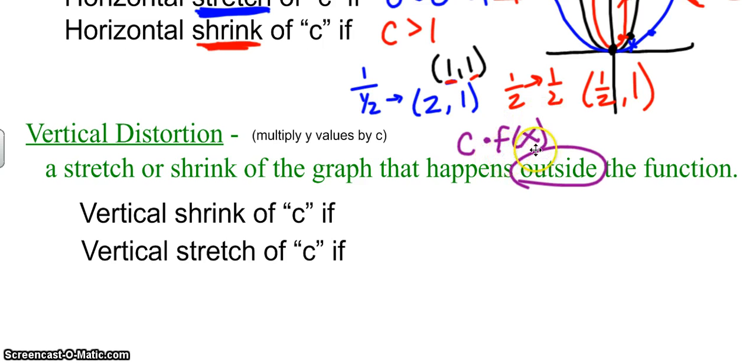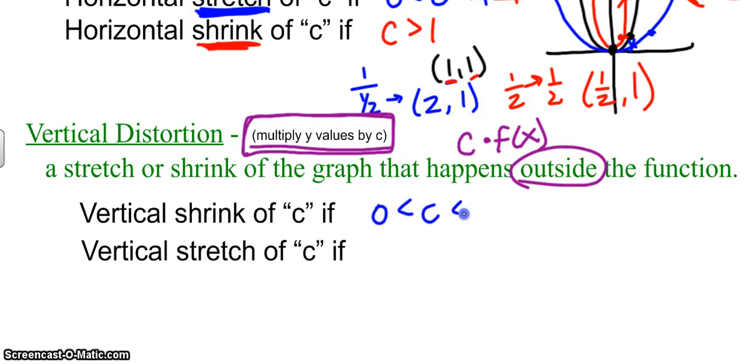And we know f of x is the same thing as y, which means that really to apply this change, all you need to do is multiply all of your y values, all of your outputs, by that value c. This is going to go with your intuition. It's a vertical shrink if c is a number between 0 and 1, and it's going to be a vertical stretch if c is greater than 1.